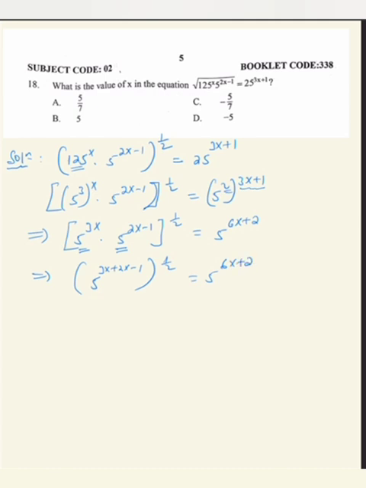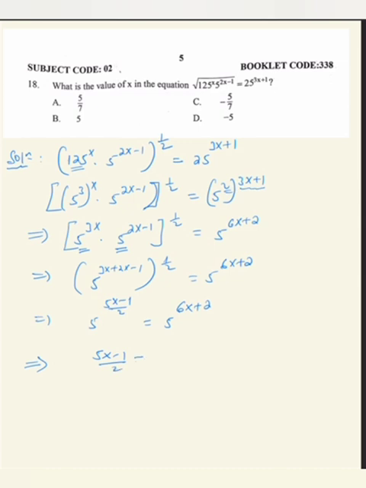So ይሄ ምንድነው የሚሆነው? 5 the power of 5x minus 1 over 2 is equal to 5 the power of 6x plus 2. አሁን እነዚህ ኤክስፖኔንሻሎች the same base ስላላቸው እኩል የሚሆኑት ኤክስፖነንታቸው the same ሲሆን ነው.